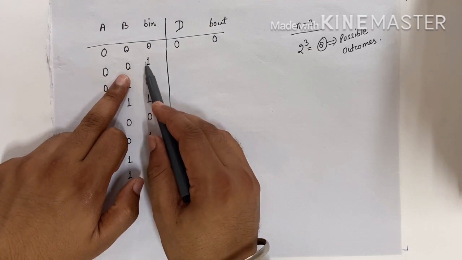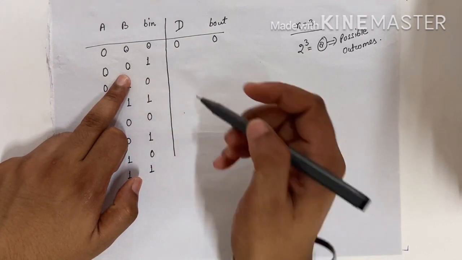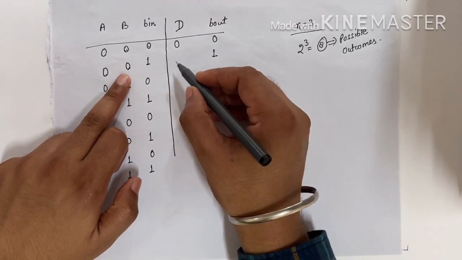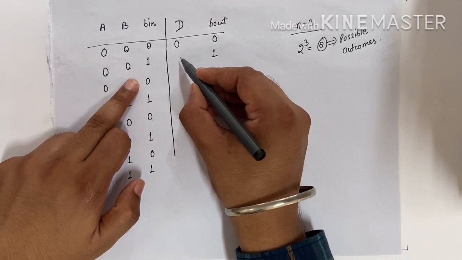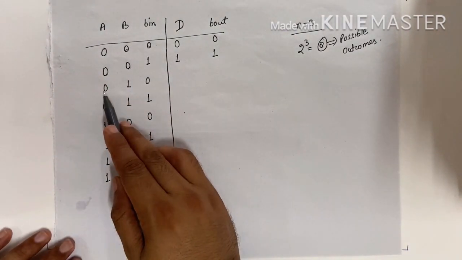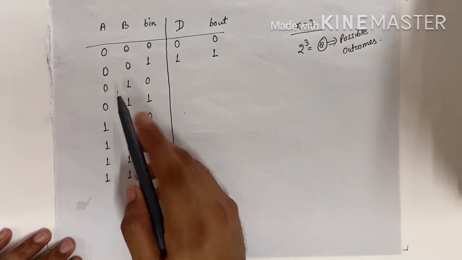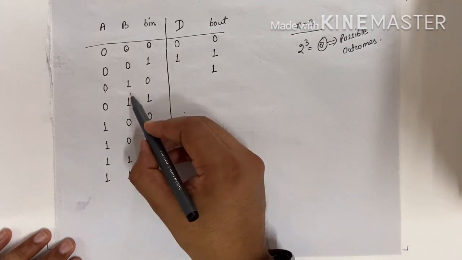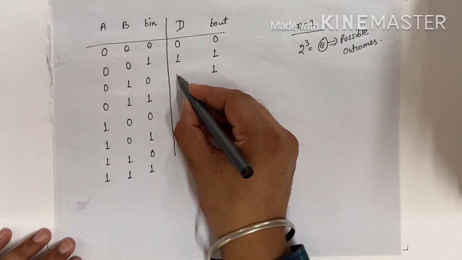So 1 is subtracted from 0, and we have to take a borrow. We write here 1, and 0 minus 1 is 1. It is clear. Now 0 and 1 difference is 1, but we take a borrow here. We write 1, then 1 minus 0 is 1.